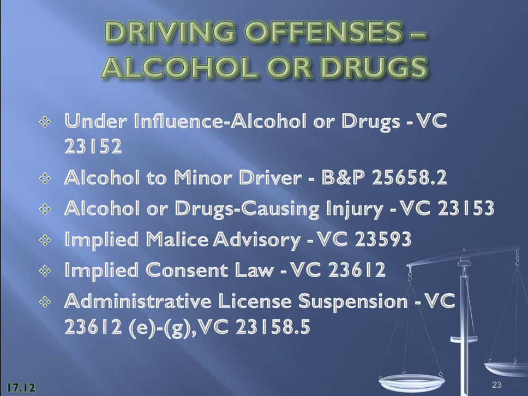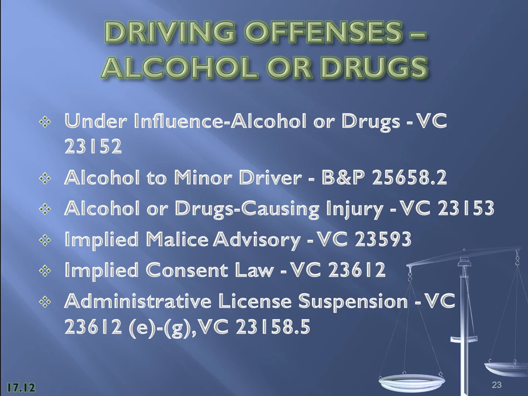The second half of that section is 23152(b), and that's where they take a blood test or a urine test or a breath test, and they find out that your alcohol level is 0.08 or above, that is the legal limit in the state of California. So you can still get arrested for A and not be charged with B, or you can get arrested for both. I just wanted to make sure that you understood that.